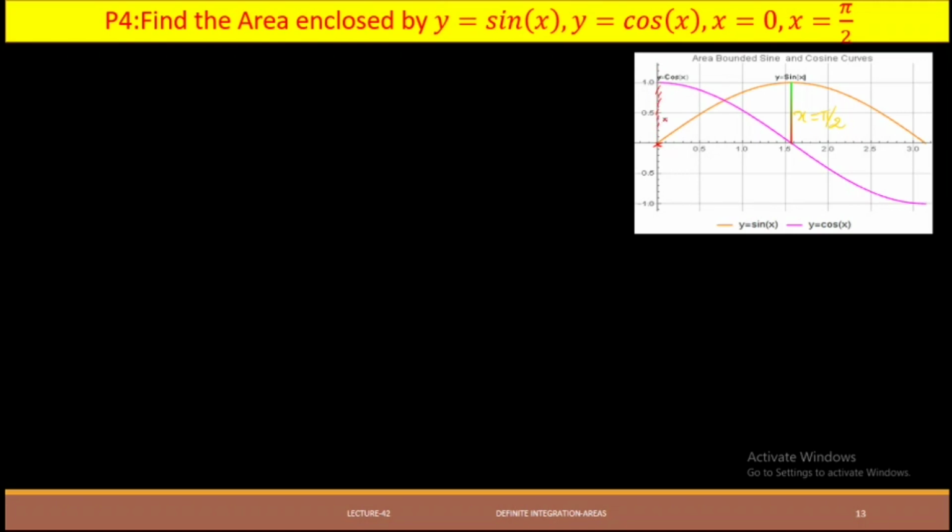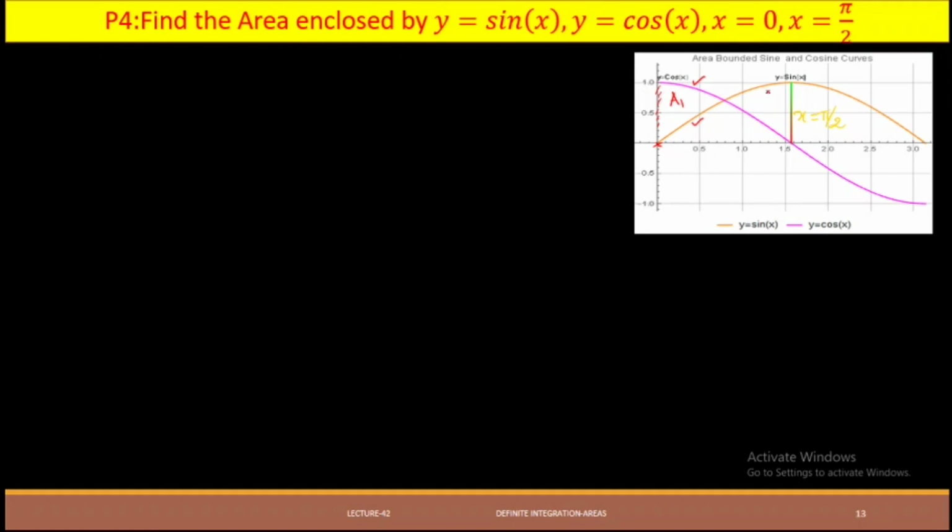So we have to find out which area. I have to identify the regions enclosed by these curves. You can see this region is enclosed by cos, and this is enclosed by sin, and this is the y axis. So this is one region that we would like to find out.